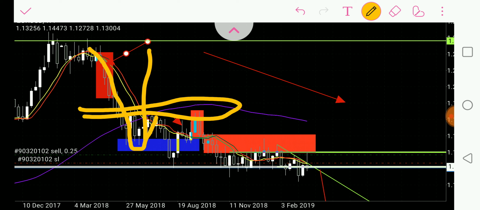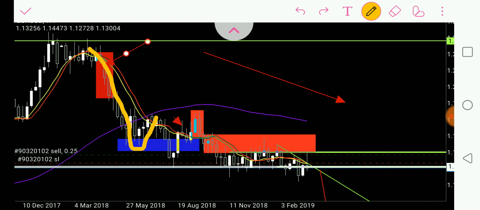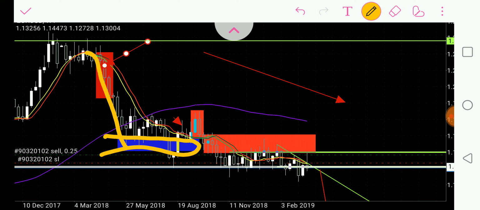On this day, May 27th, that's when that became resistance, because price tried to come up and couldn't make it. Also keynote that this became the temporary support. So now we had a range. Within this range there was a fake out move right there.